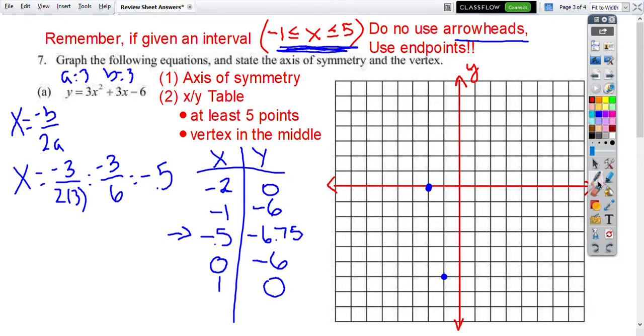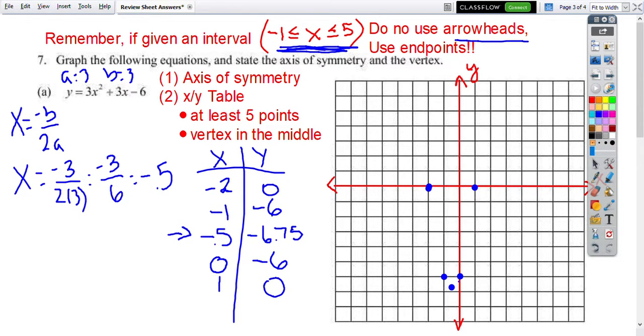So, this should be there. Okay. That's going to be 0, negative 6. Hopefully you caught that while I was doing it and was like, what is he doing? All right, and then 1, 0.